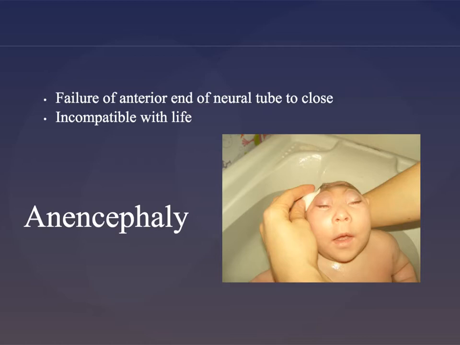So for instance, on my unit, we do have a room that we consider like a conference room, but it has a spot for a crib and a couch and a chair and a desk with a phone. So that if I need the baby's room, we can then move them into that room and they can have the crib with them. They can pray, they can do whatever it is.